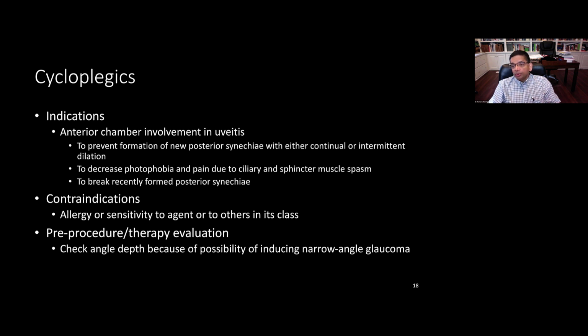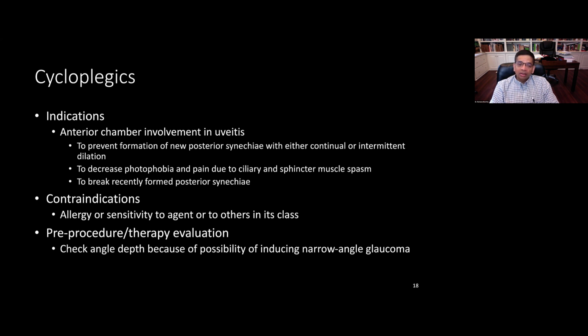We'll talk about the simpler, day-to-day things that we often forget or don't pay attention to. Cycloplegics are very important in the treatment of anterior uveitis. Why? Because chronic anterior uveitis in particular, and severe acute anterior uveitis, can result in significant edema and inflammation of the iris itself that can cause the development of posterior synechia, which can be very extensive in severe acute disease.